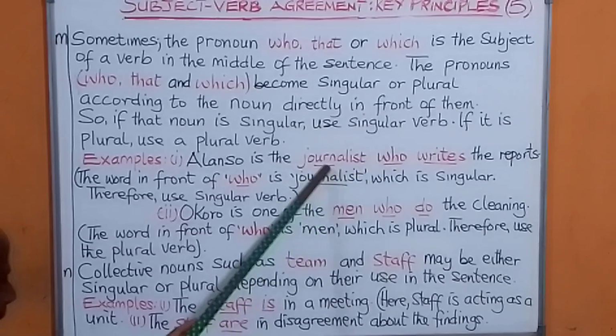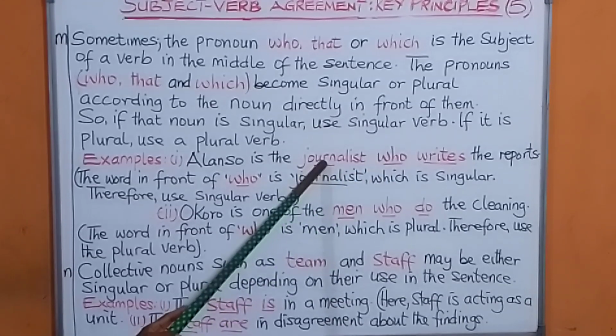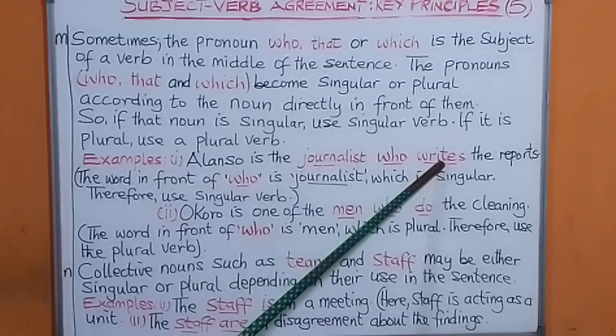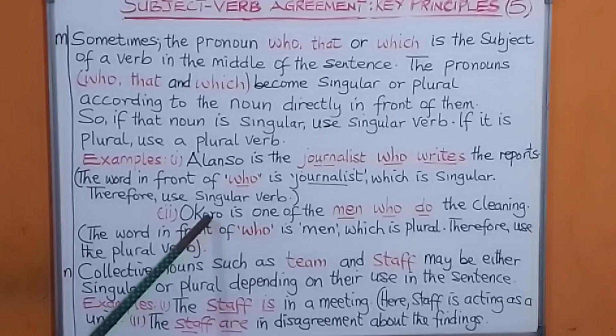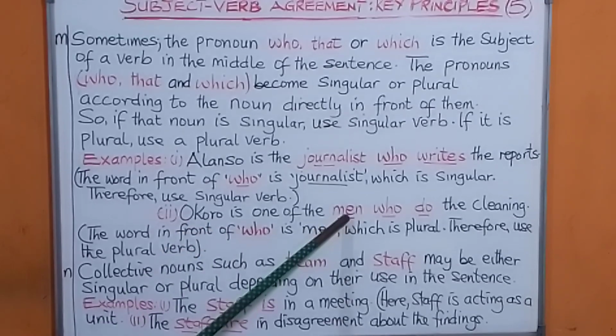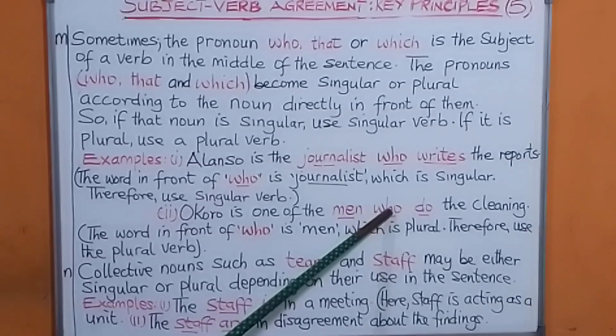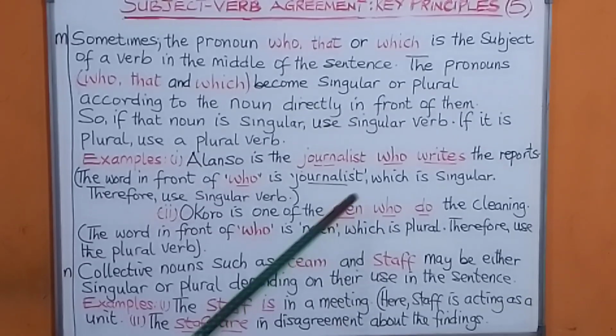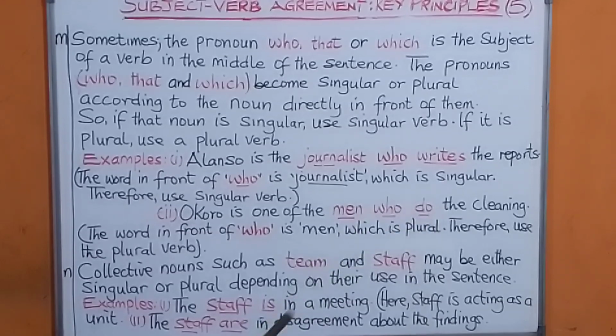The noun directly in front of the pronoun who is journalist, which is singular. And so it should be followed by a singular verb. But if you find out that the subject in front of who is a plural subject, then you have to follow it with a plural verb too.